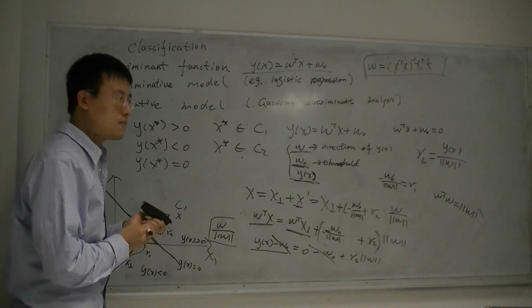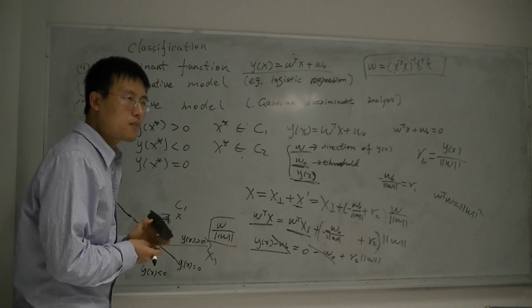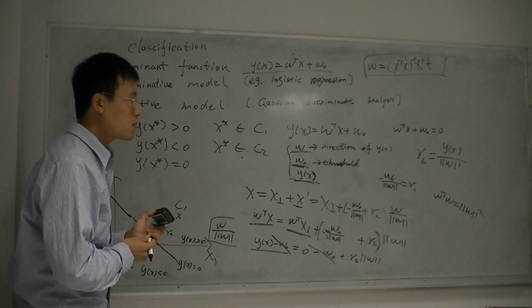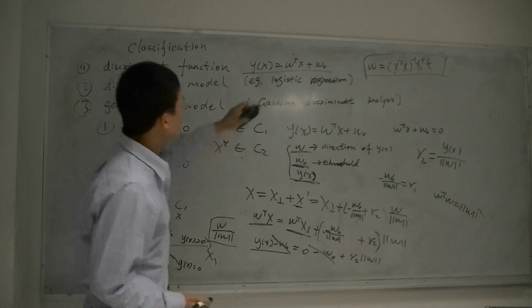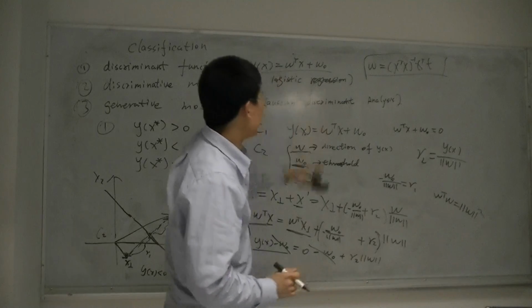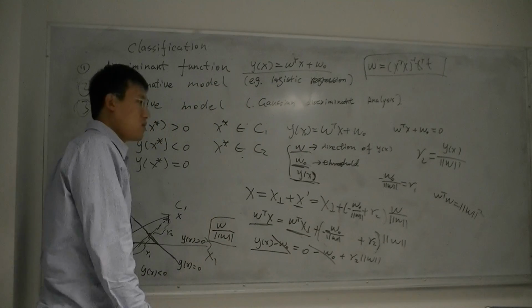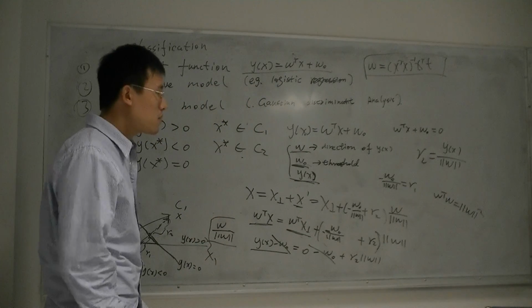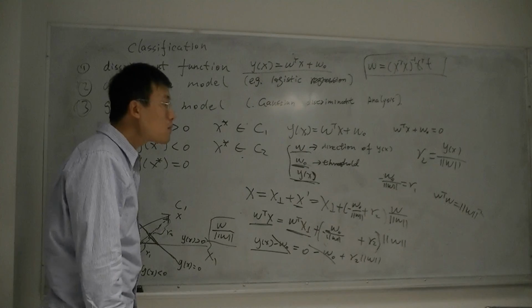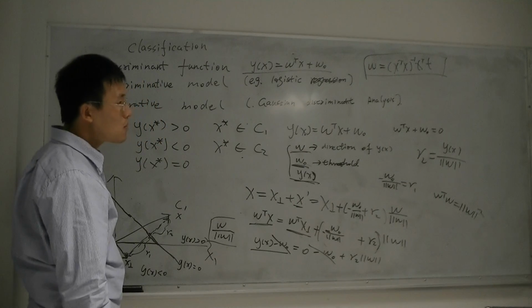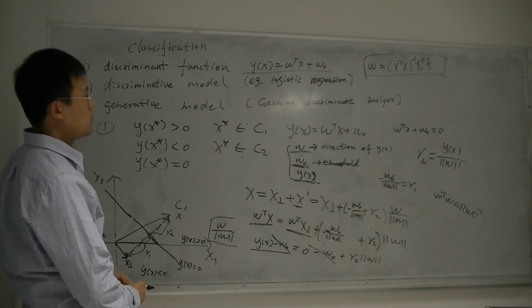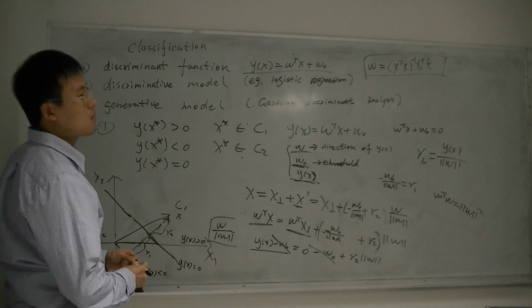Any problems? How do you get omega again? Oh, you mean that? You just use this least squares method. Here, this only considers one label.